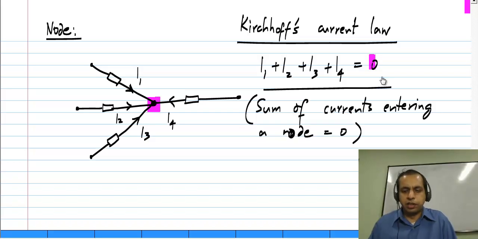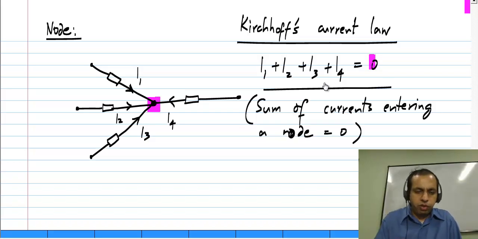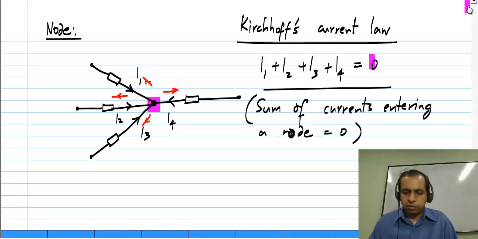Now sometimes this is stated differently. You could also equally well say that you can consider currents in the opposite direction, that is leaving the node, and say that the sum of all currents leaving the node is 0.